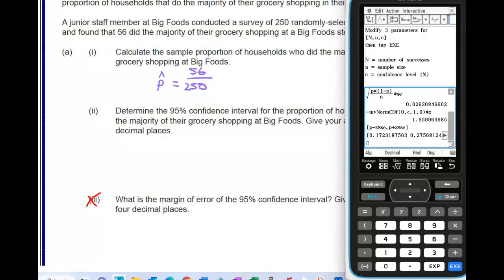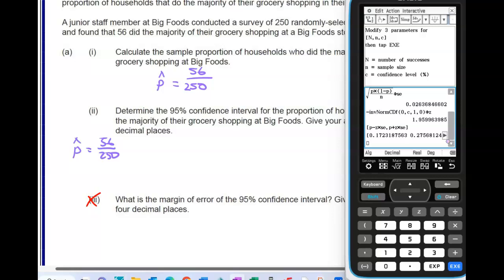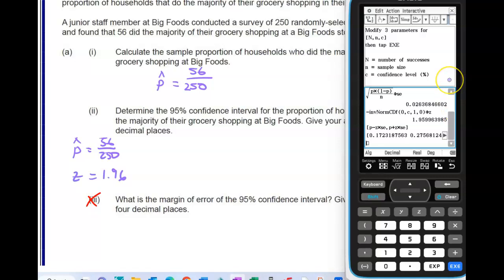To just write an interval is not enough. You've got to actually give some working. So you've got the p-hat that you're using, of course. You've got to make sure you put in your z-score. And seeing as we've got it here, we might as well put the standard deviation as well. That is SE, which stands for standard error.